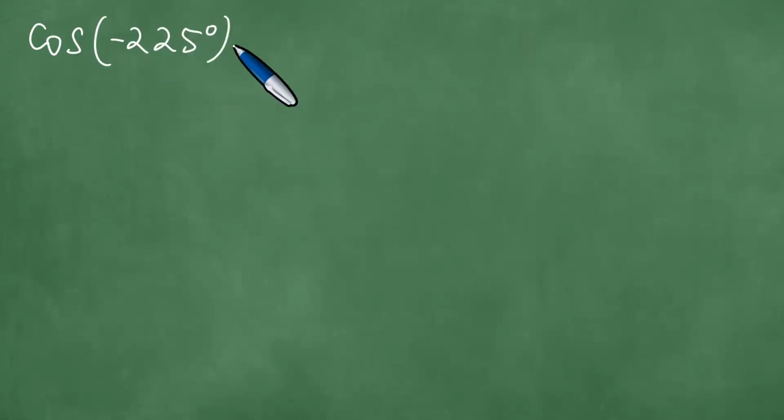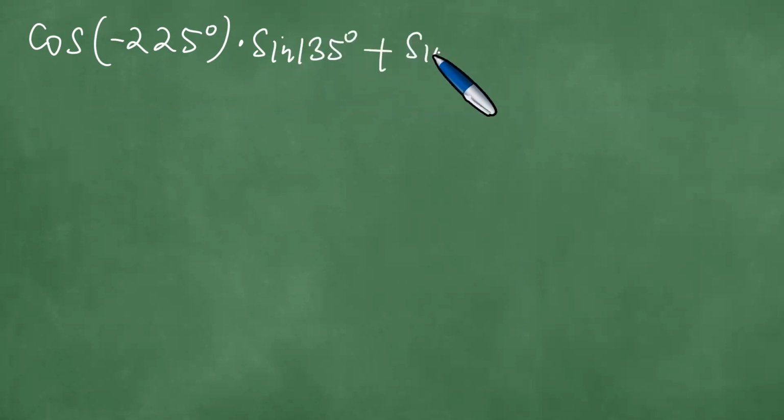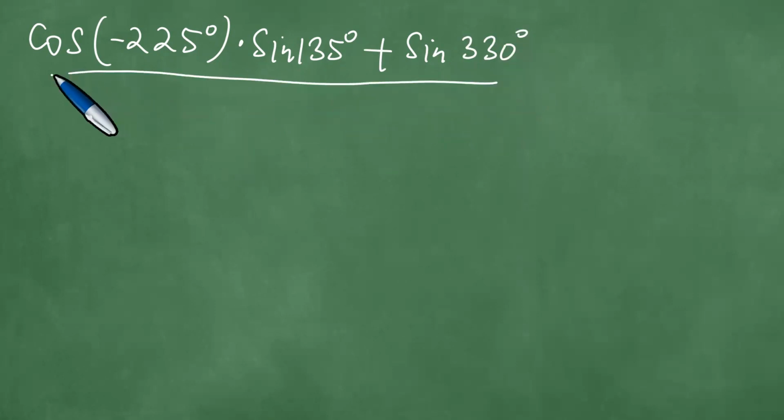So we have the cosine of minus 225 degrees, the sine of 135 degrees, the sine of 330 degrees, divided by the tangent of 225 degrees.